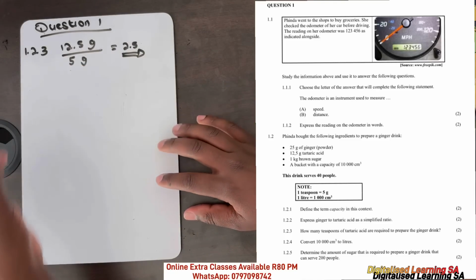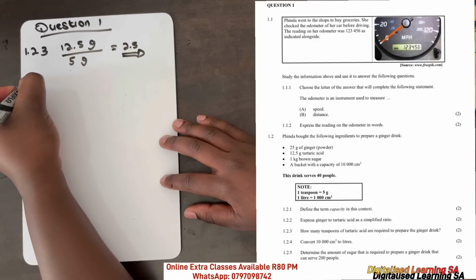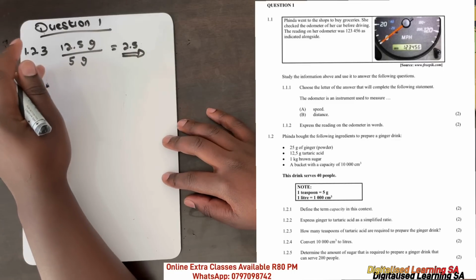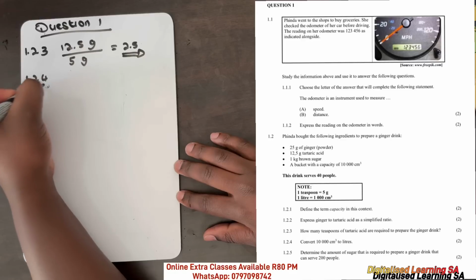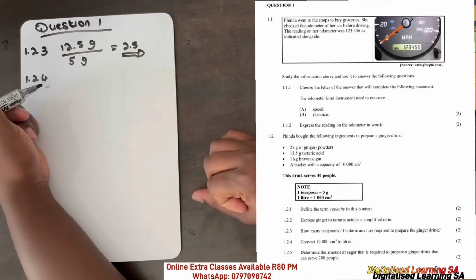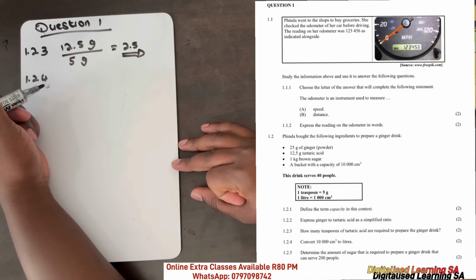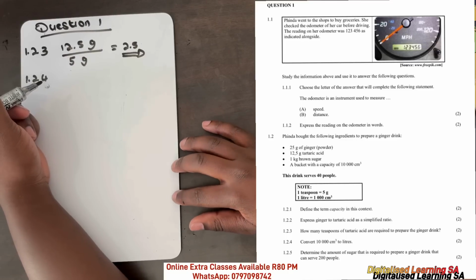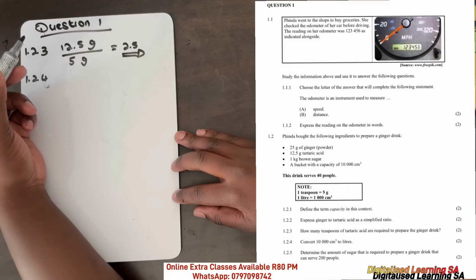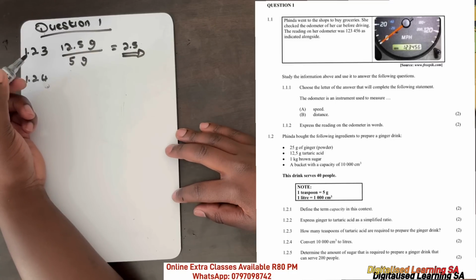Okay, so now let's move to the next question, which is question 1.2.4. Question 1.2.4 says, convert 10,000 centimeter cube to liters. If we look at our information, we are told that 1 liter is equal to 1,000 centimeter cube, meaning that to convert 10,000 centimeter cube to liters, we're just going to divide by 1,000.